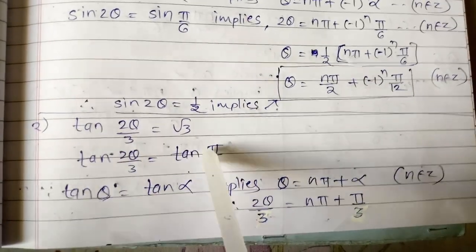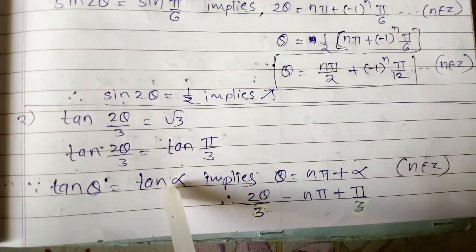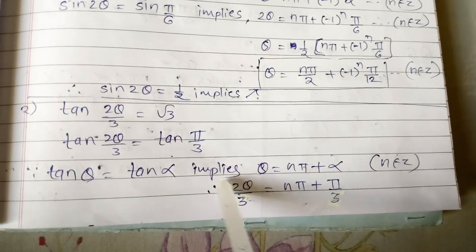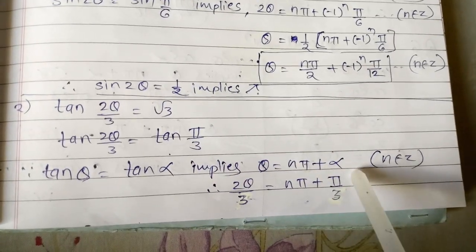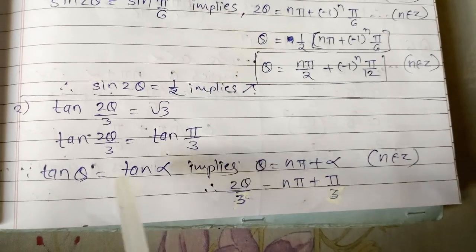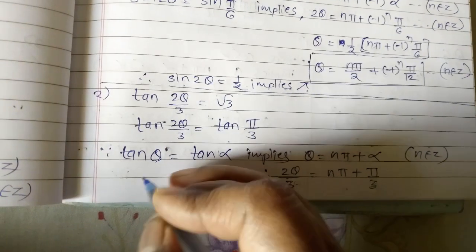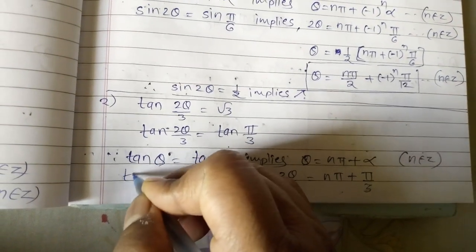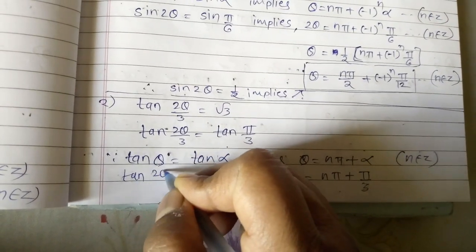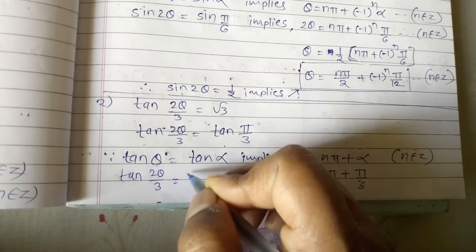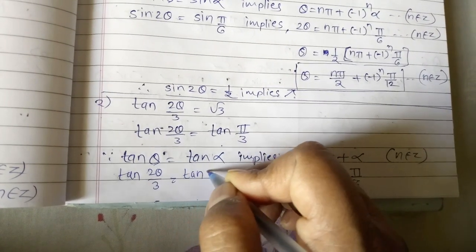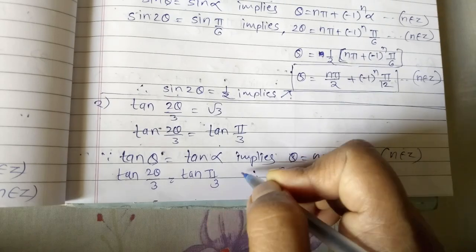So this equation looks like tan theta is equal to tan alpha, which implies theta is equal to n pi plus alpha. So here we can write this equation, that is tan 2 theta by 3 is equal to tan pi by 3 implies.